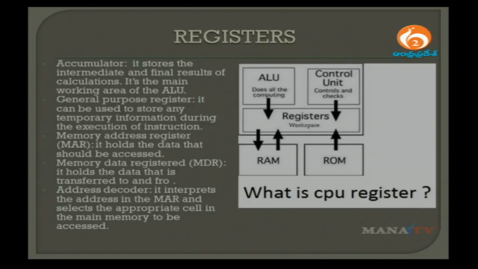All right. So now when I talk about registers, of course we have the accumulator, general purpose registers, MAR and MDR. Now let me clearly tell you what role a register plays in the computer.